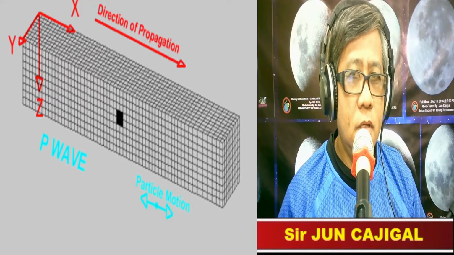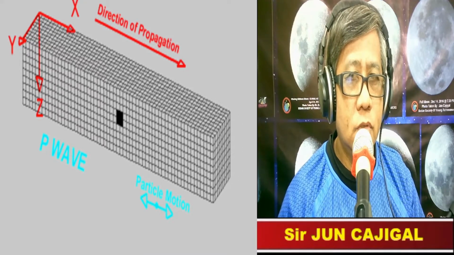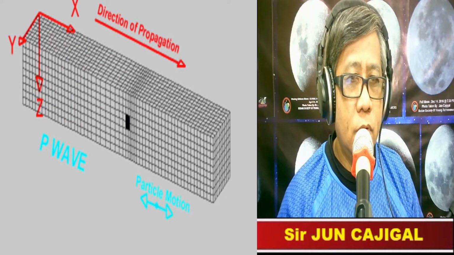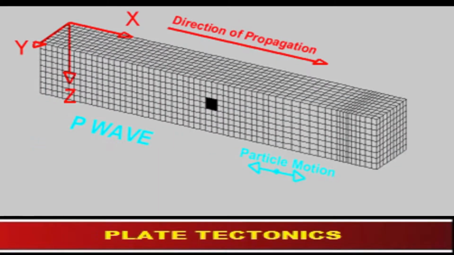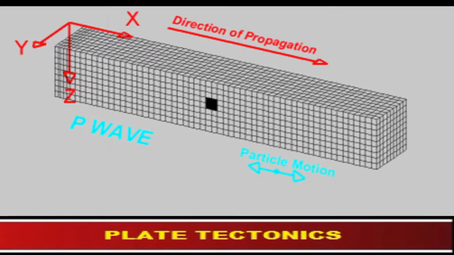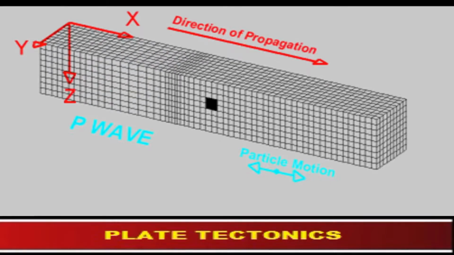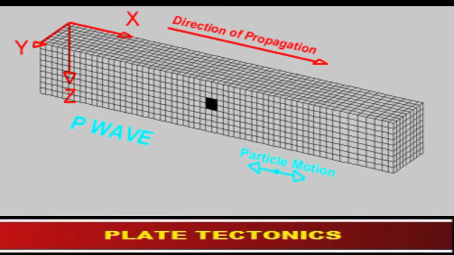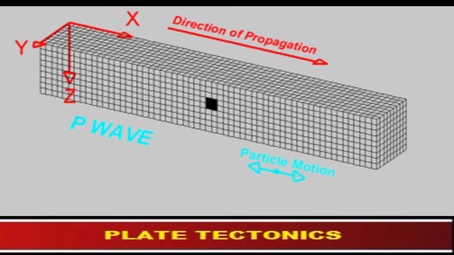Now, everybody, I want you to focus on that black square at the middle of our illustration. As the P wave moves through that medium, look at the black square. The black square gets compressed and stretched.